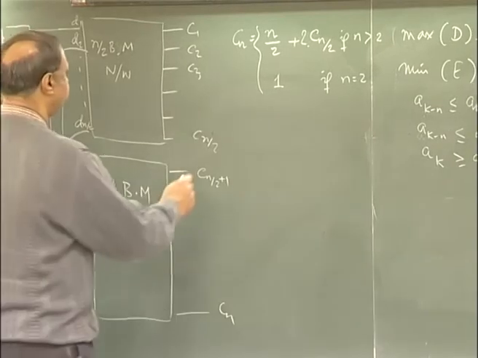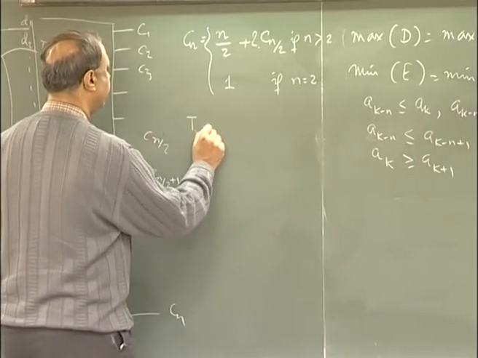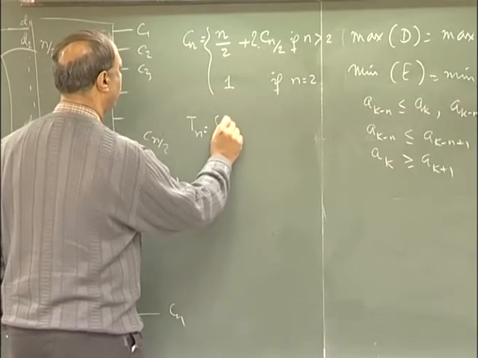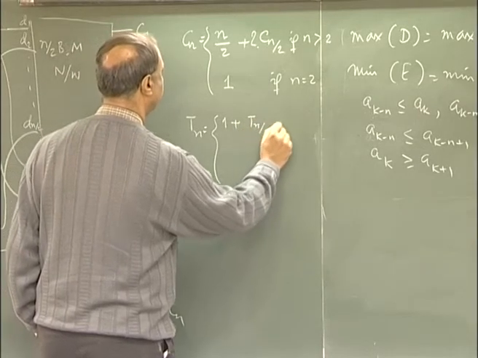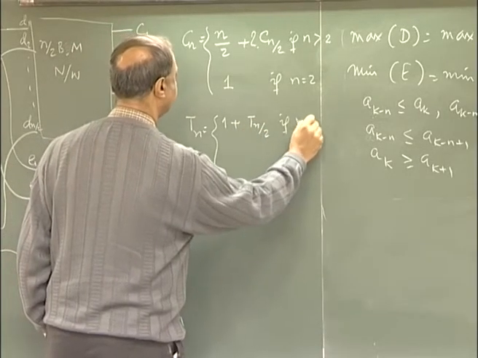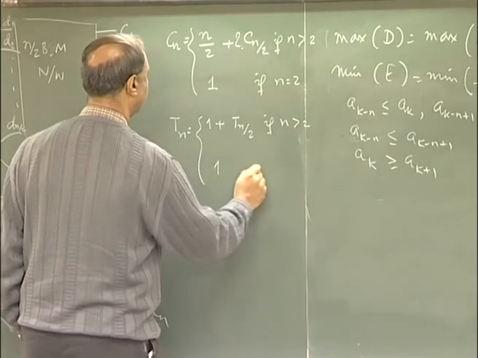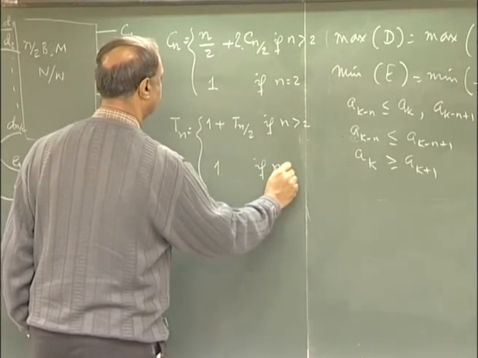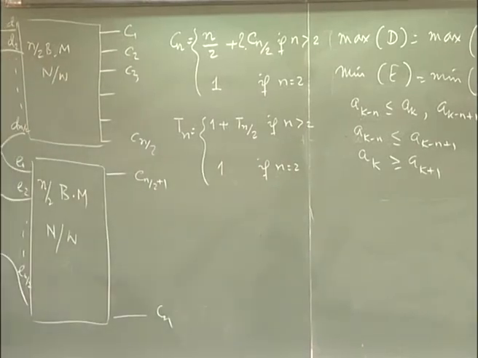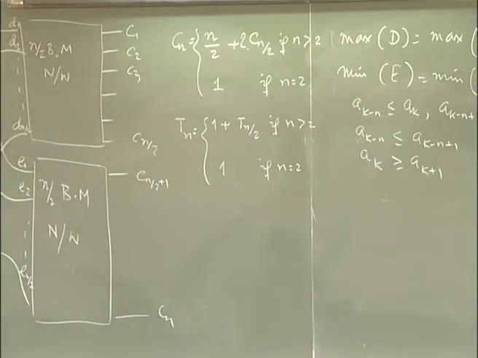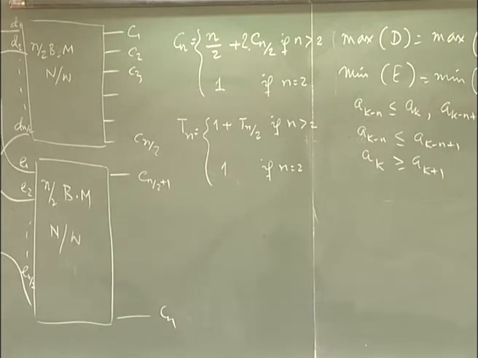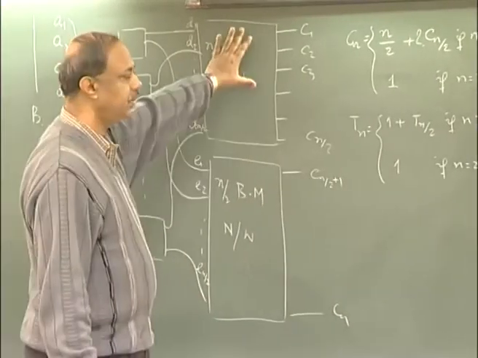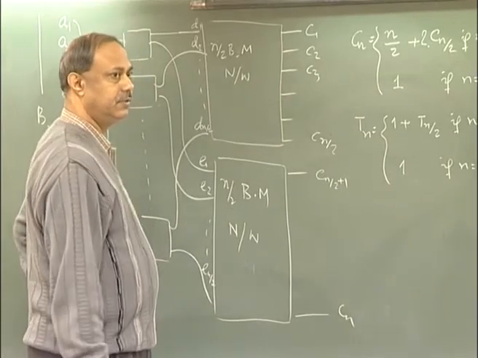And the number of parallel steps you need, Tn, is equal to 1 plus T(n/2) if n is greater than 2, 1 if n equals 2. Right? Because 1 and then whatever time you need for doing that.